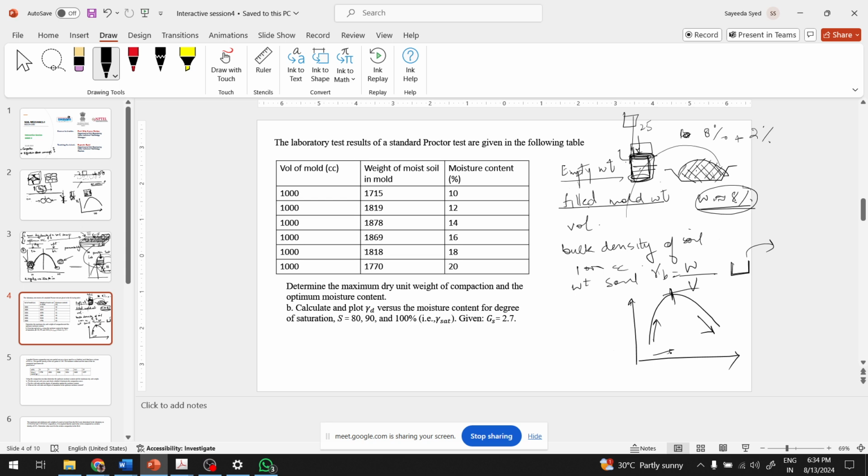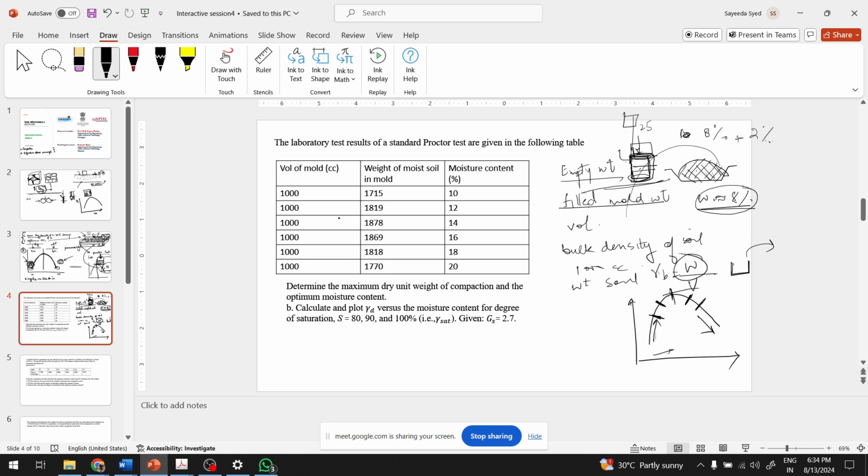Because the volume is constant, we can say that the weight of the mold will initially increase as water is increased. We want at least two readings here.